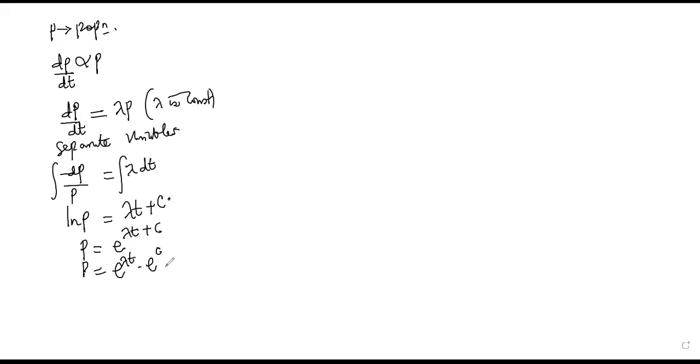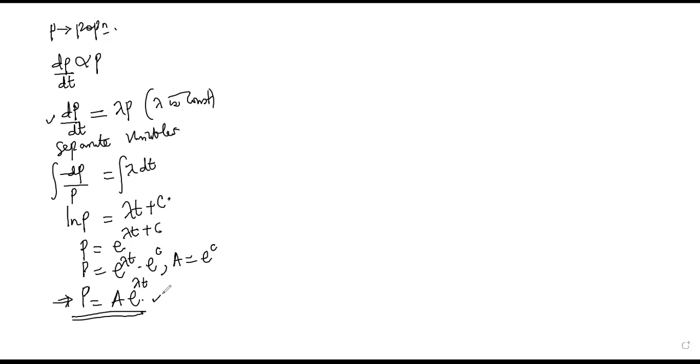Allow me to call my e to the power c, A. So it means that my P would be equal to A e power lambda t, right? That is my differential equation, and I've solved it. This is the solution to my differential equation. The differential equation is this.